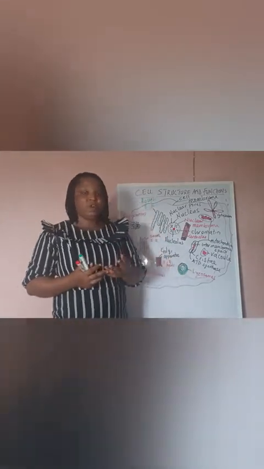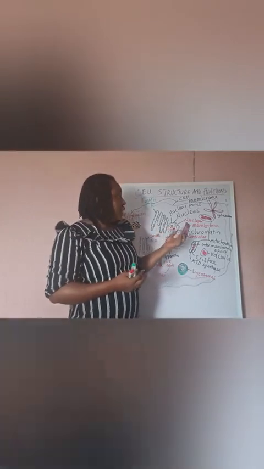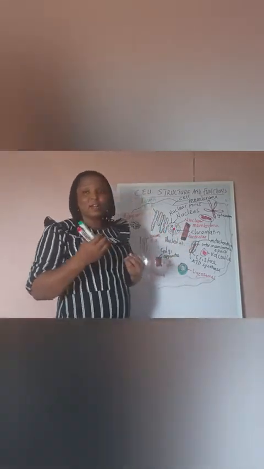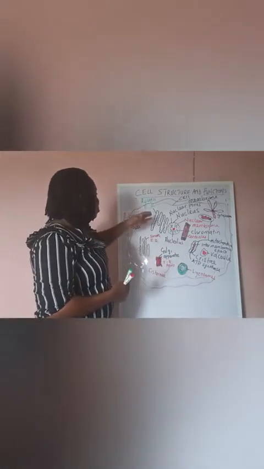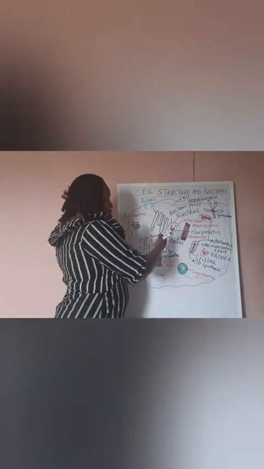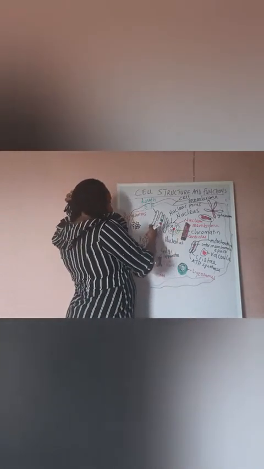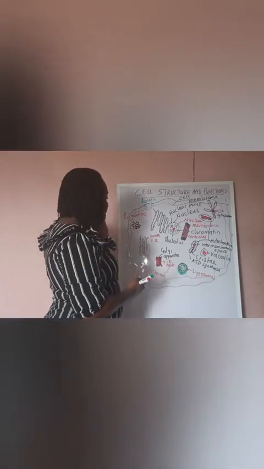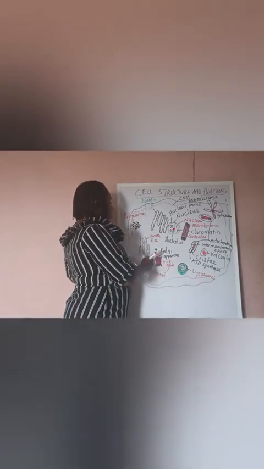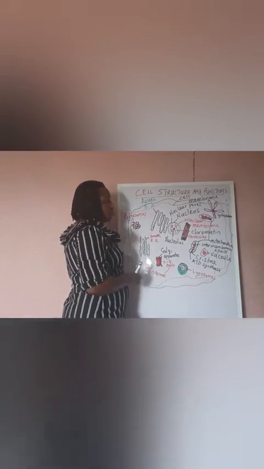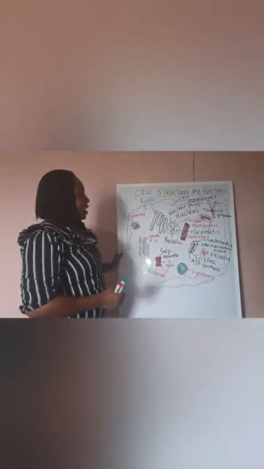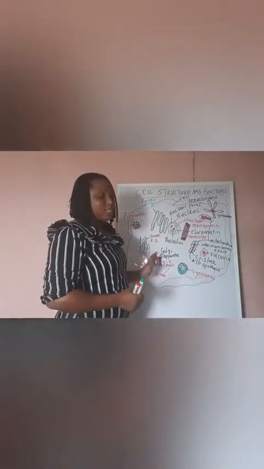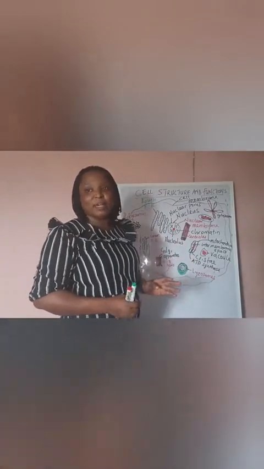And so from here we can deduce the components that are common to both plants and animals. We can see that the cell membrane, as well as the nucleus, the rough and the smooth endoplasmic reticulum, the Golgi apparatus, the ribosomes, the mitochondria, and the vacuole are organelles that are common to both plants and animals.